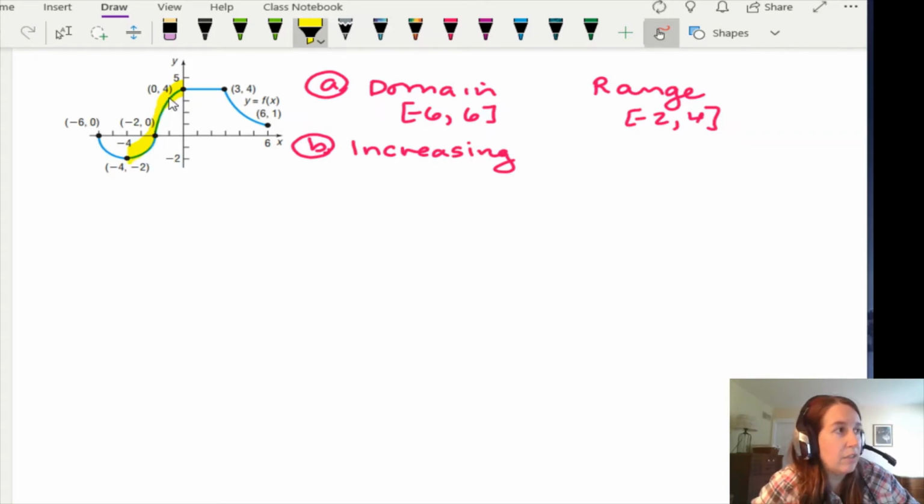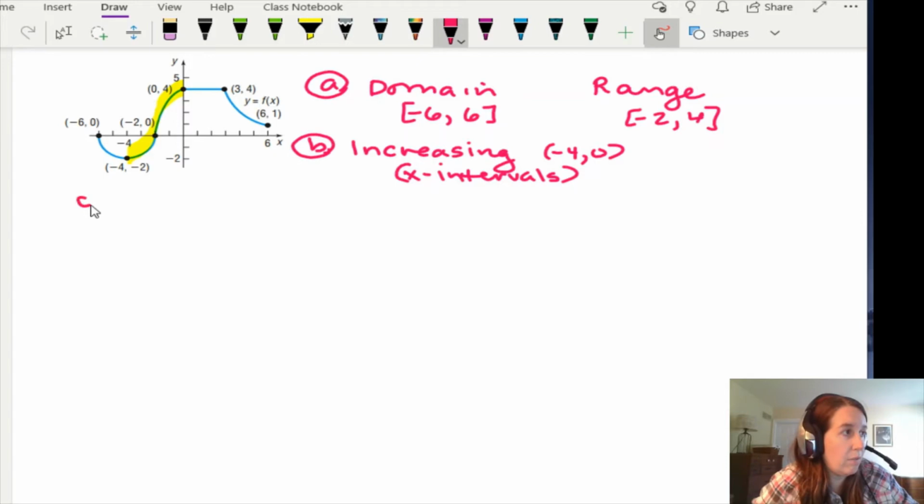So here's the uphill, and then you're going flat, and then you're going downhill again. So you're going uphill from just that one area, -4 over to 0. Remember that you're answering with x intervals. Okay, don't forget to only answer the x values there.